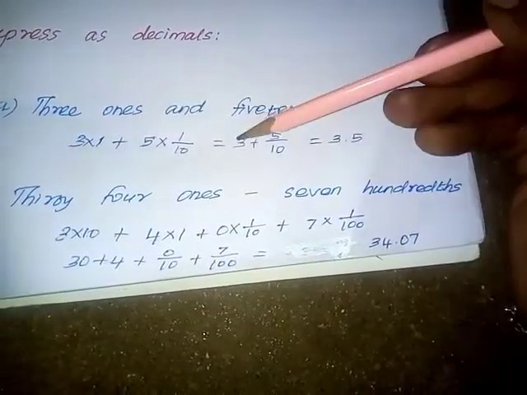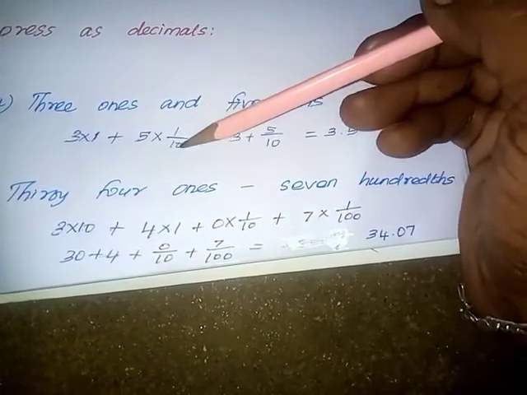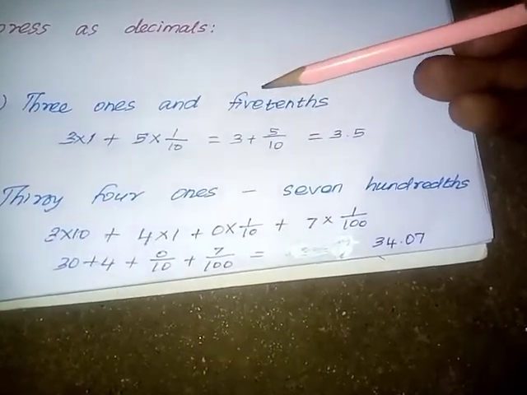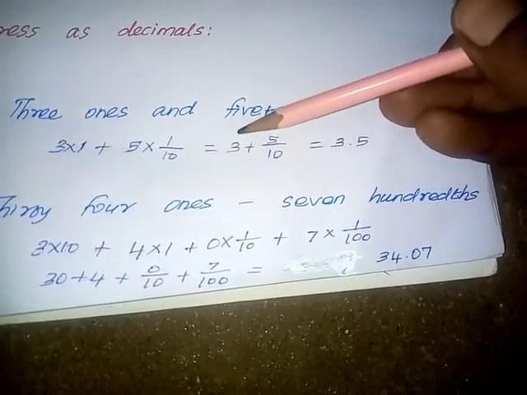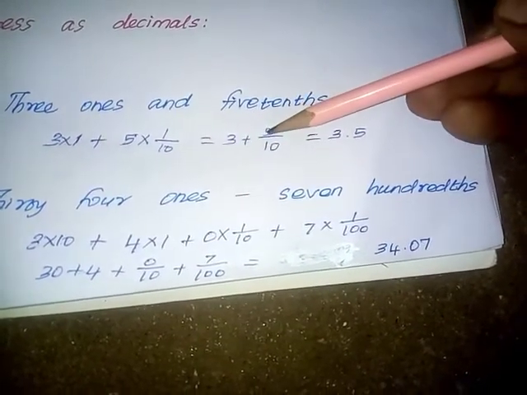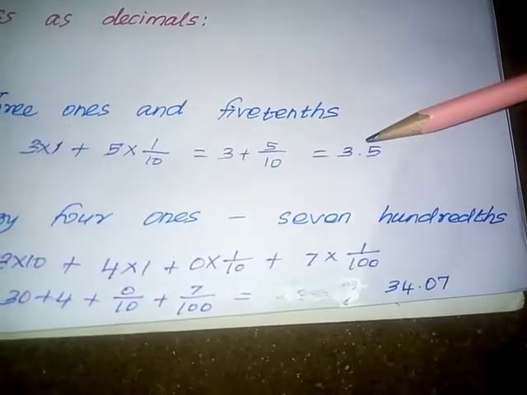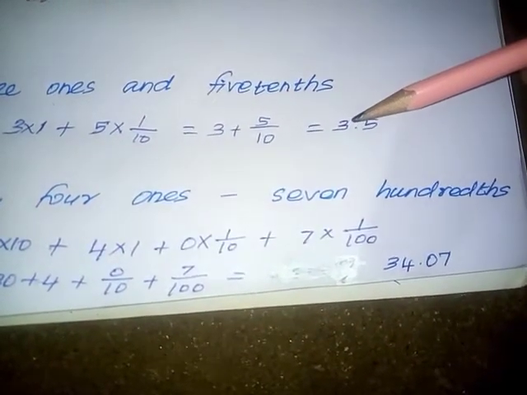So 3 into 1 equals 3, plus 5 into 1 by 10 equals 5 by 10. So the decimal value is: 3 is the whole part, that is the integral part, and 5 by 10 is the decimal part. So the decimal value of the given number is 3.5.